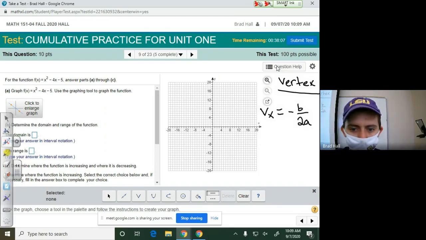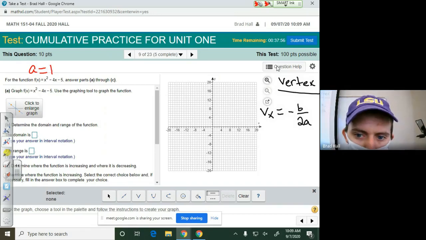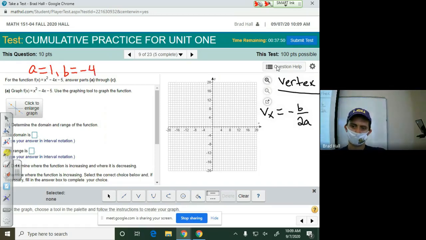What is a and b? A is understood to be 1. There's no number up there, so it's understood to be positive 1. And b is equal to negative 4. So a is 1, b is negative 4. Really, c is negative 5, but we don't need a c.